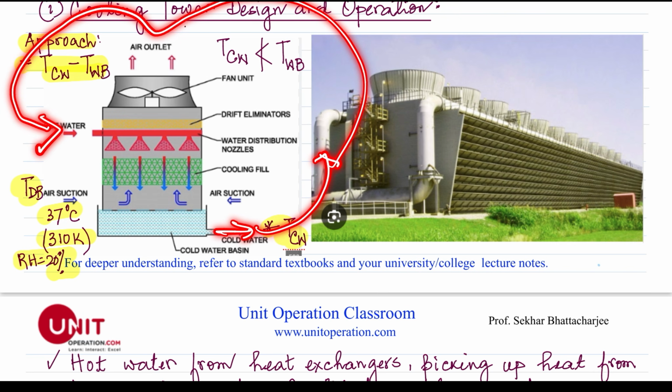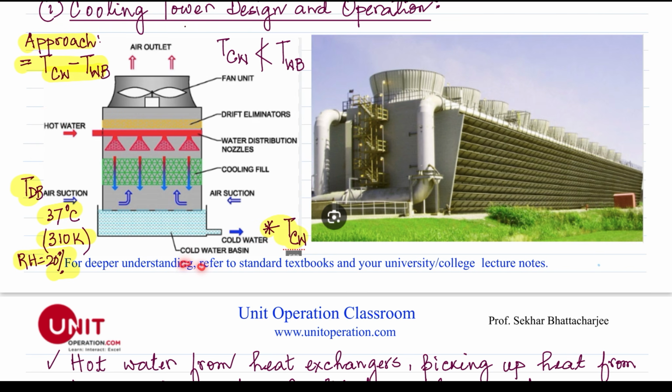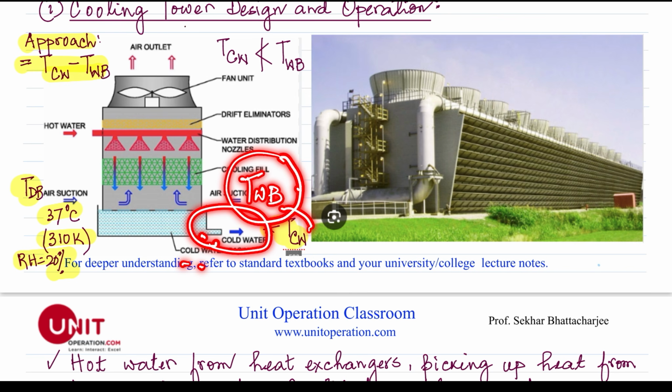There will be some amount of makeup water that has to be added. Of course, the lowest temperature that can be achieved is the wet bulb temperature. So that's why knowing the wet bulb temperature is so important, which depends on the relative humidity of the ambient air and the dry bulb temperature.